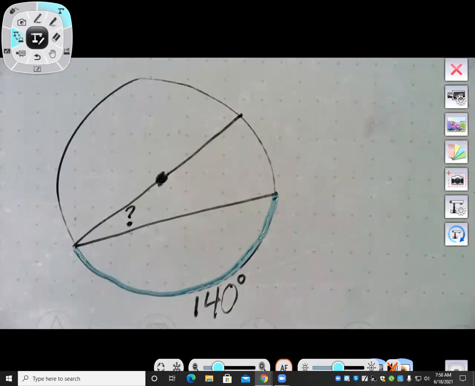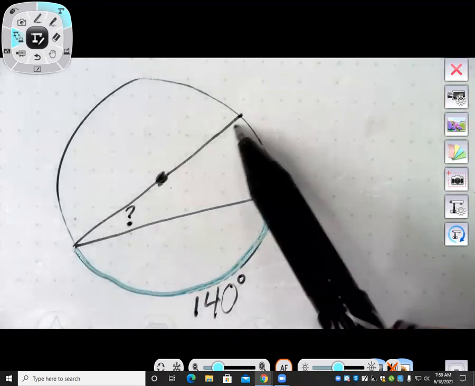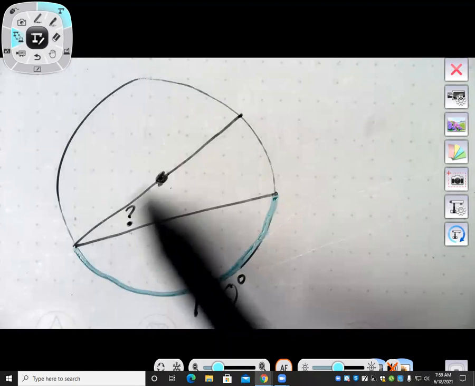It is not 40. You're close. You've got one more thing to do. Something is 40, but it's not the thing you're looking for. So how are we getting there? This thing right here is a diameter. It runs through the center of the circle.